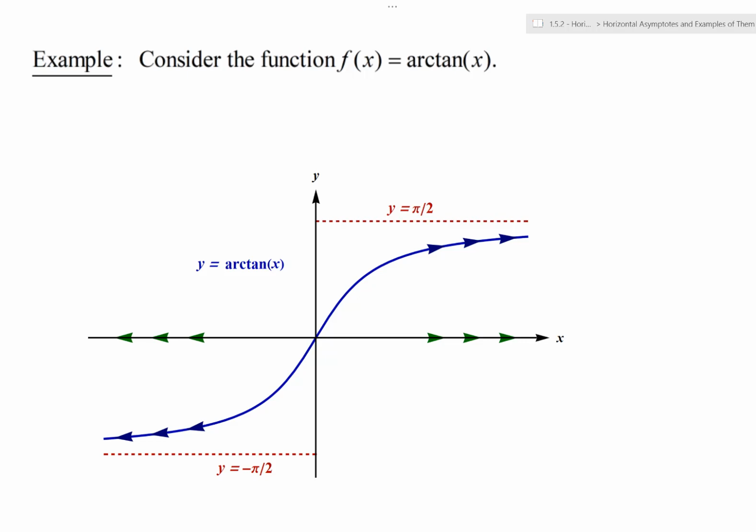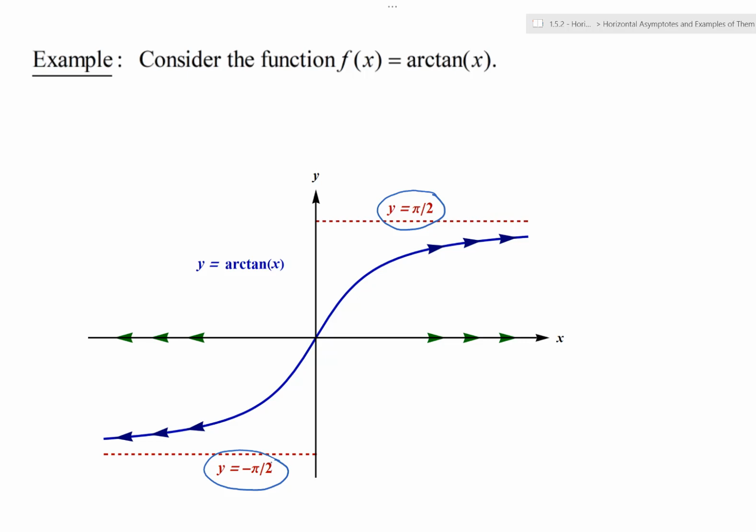What we want to point out in relationship to our idea about horizontal asymptotes is that there are these two horizontal lines that we can see drawn on the graph here, one of them being y is equal to pi over 2, and the other one being y is equal to negative pi over 2. And in fact, for the arctangent function, both of these horizontal lines are indeed horizontal asymptotes.